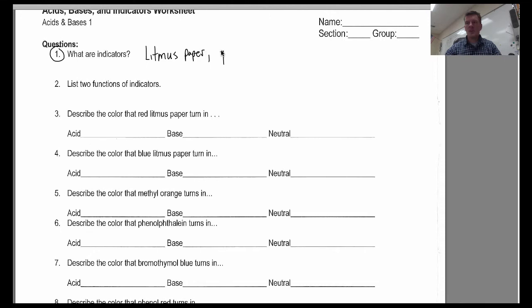We use what's called phenolphthalein. It's kind of a funny spelling and a funny name. We use what is called phenol red, and we use methyl orange, and bromothymol blue.